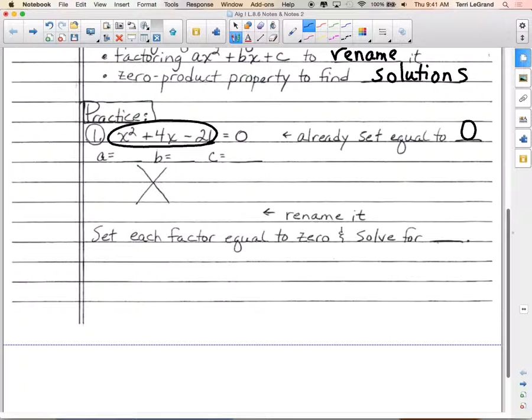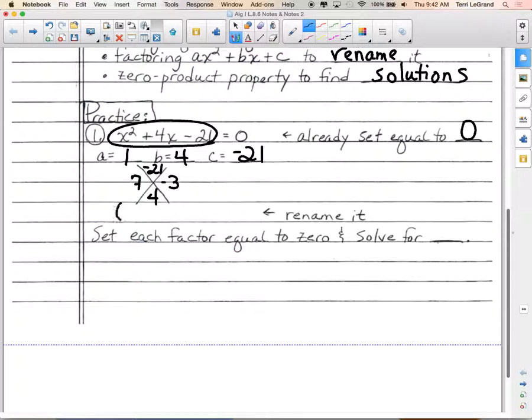We use the diamond method, right? So a is 1, b is 4, c is negative 21. Love when a is 1, it's a lot easier. What multiplies to negative 21 and adds up to 4? 7 and negative 3.